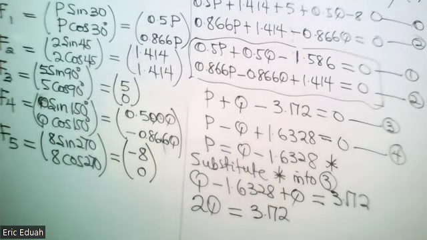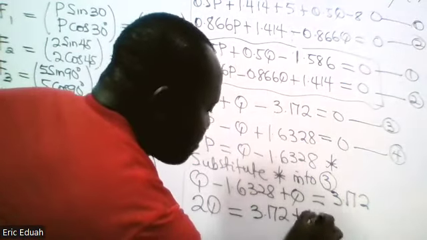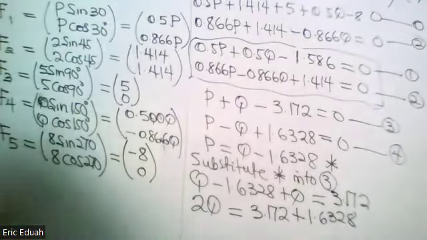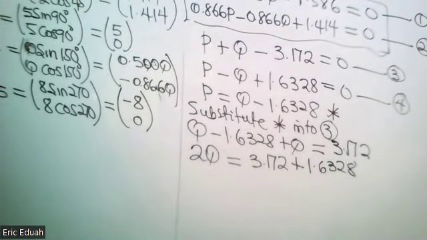Okay. So 2Q is equal to 3.172 plus 1.6328. So let's add 3.172 plus 1.6328.